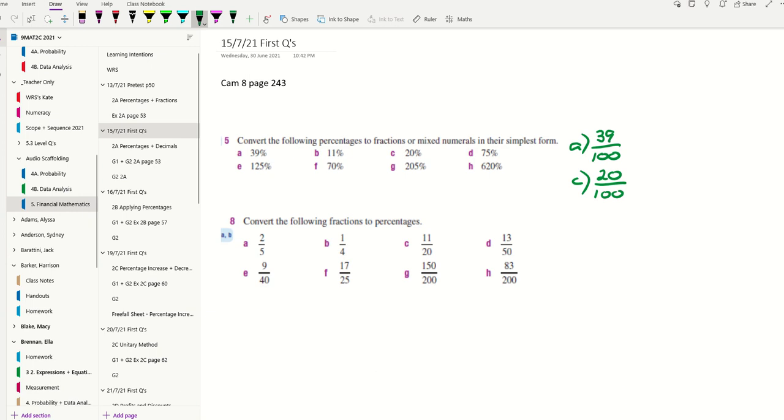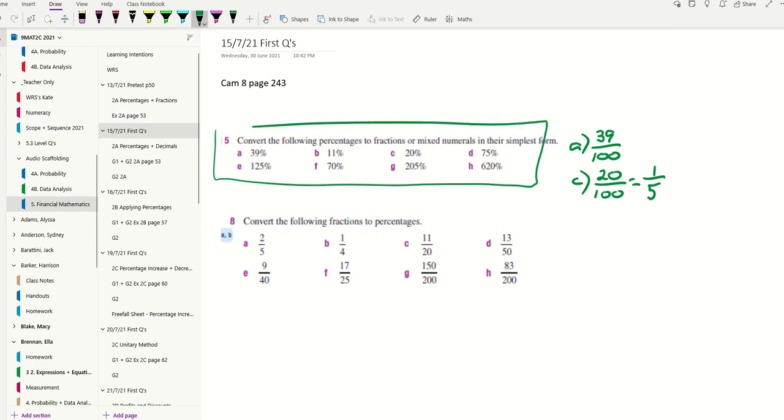I'm going to put 20% in, 20 over 100, push equals, and it's come up as 1 on 5. So what you need to do is to go through all of these, do all of them. Note that these ones, E, G, H, which are over 100, are going to give us these mixed numerals.